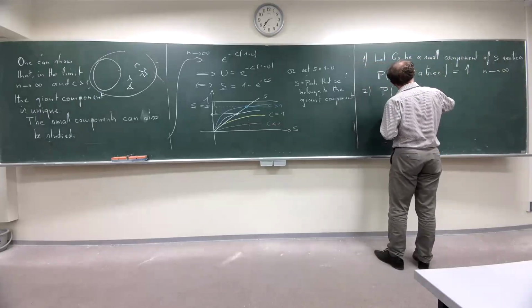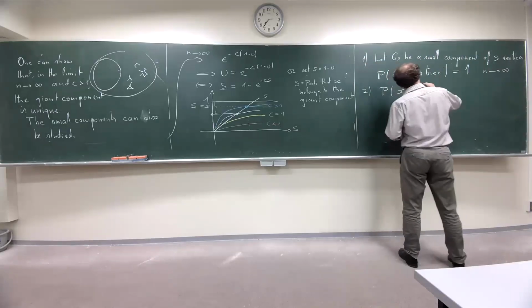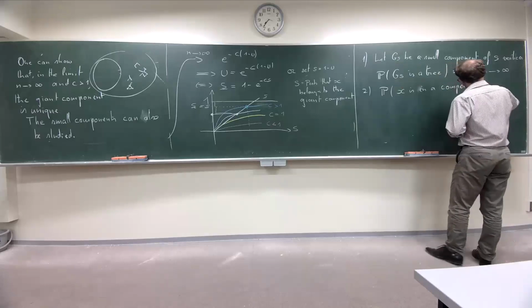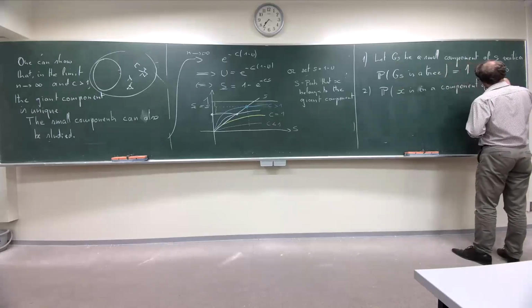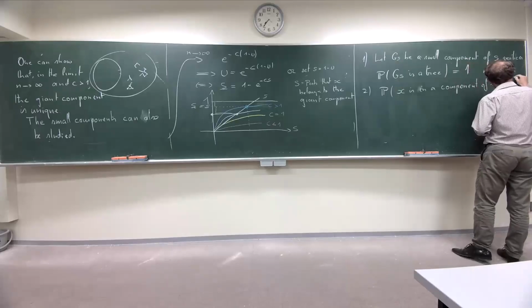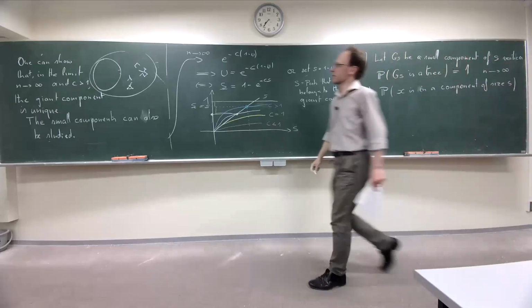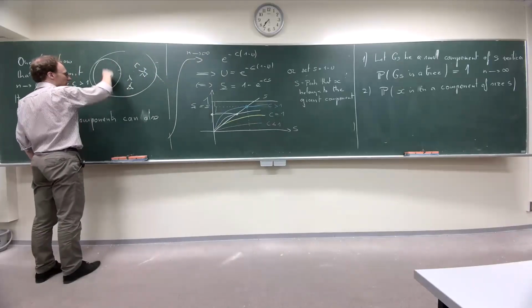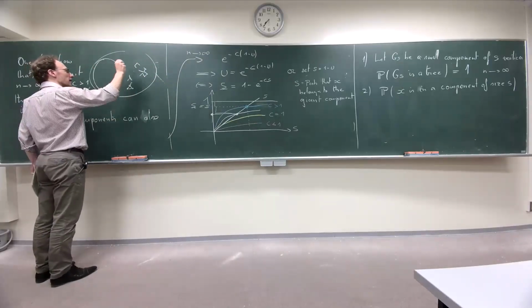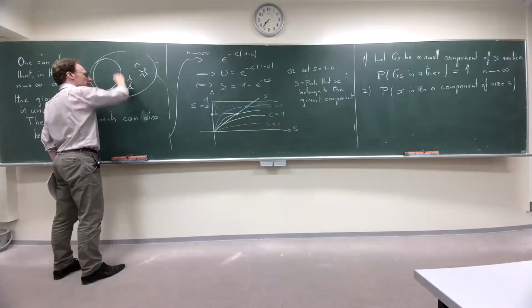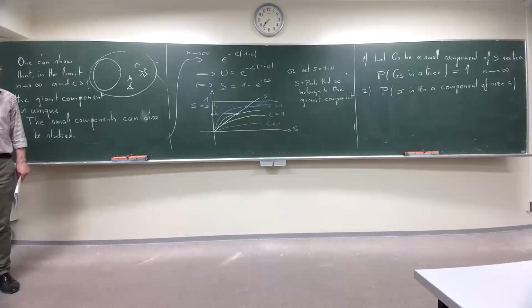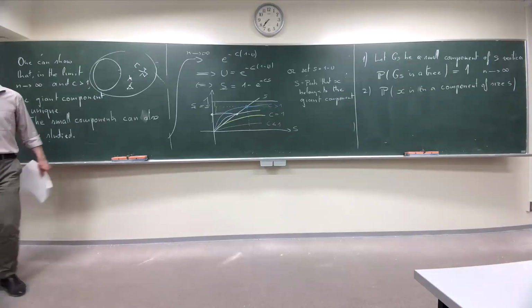X is in the component of size S. So you take an X arbitrary, either here or here, but here it is in the giant component. But take an X in this part, what is the probability that the X belongs to a component of size S?